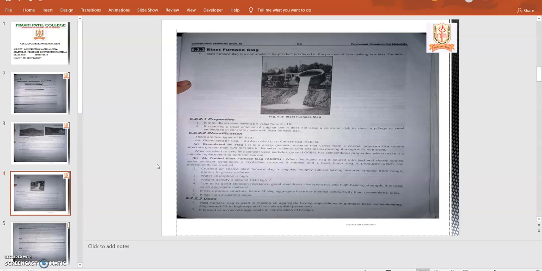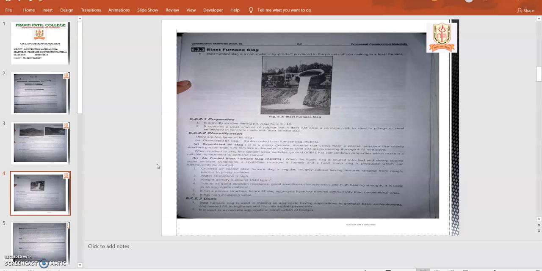When crushed to very fine cement-size particles, GGBS, that is ground granulated blast furnace slag, has a cementitious property which makes it a suitable replacement to the Portland cement. So these also have good properties, because of that it can be utilized for the manufacturing of the cement.